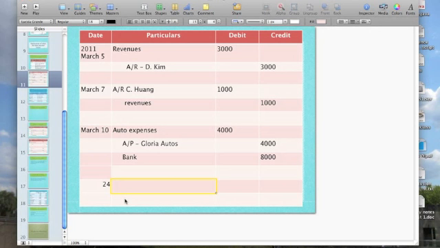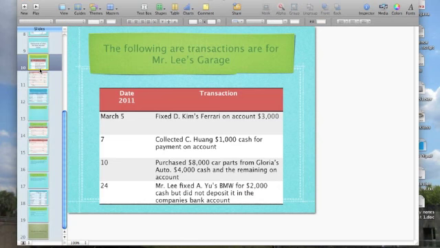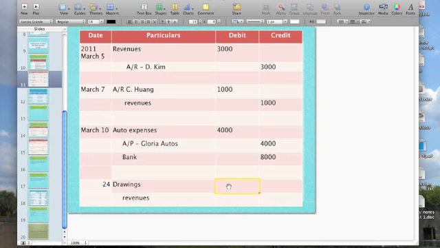And therefore, the account debited is the drawings, and the account credited is the revenues. $2,000. $2,000.